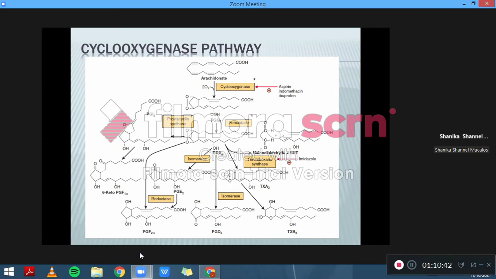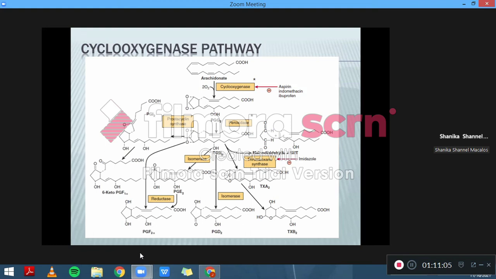We have prostacyclin synthase, which, after prostaglandin H2, will turn it into prostacyclin or prostaglandin I2. That is the first important synthase.